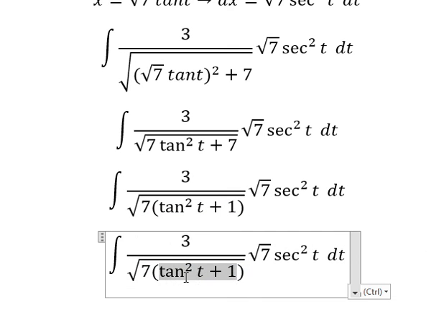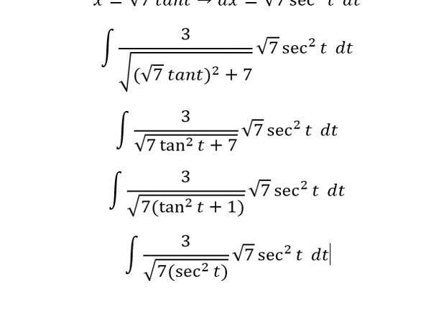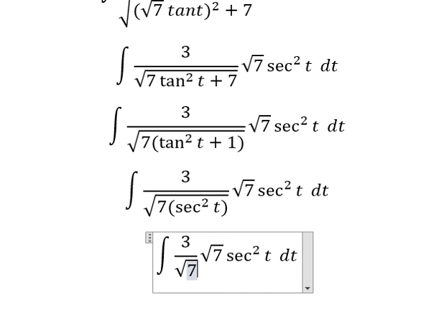So this one we have secant squared t. The square root of 7 secant squared t, you get the square root of 7 secant t.